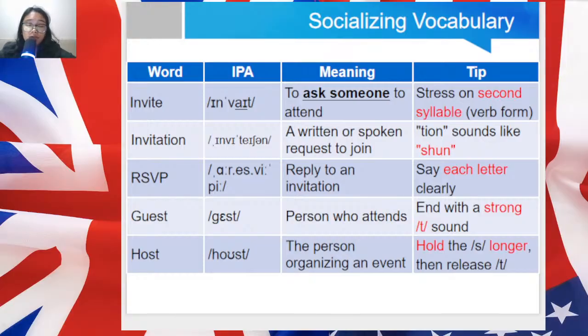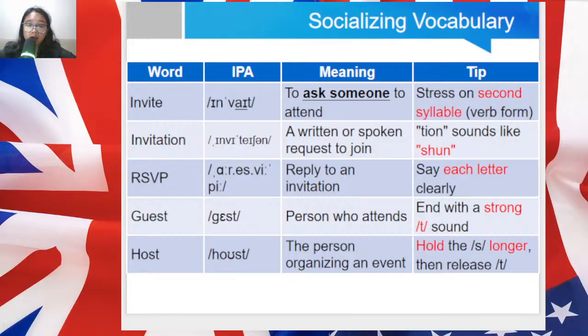This is a request for a person to reply to an invitation to let the host know if they can come or not. For example, please RSVP by Friday so we can order enough food. Respond to the invitation so that they can order enough food for everyone.